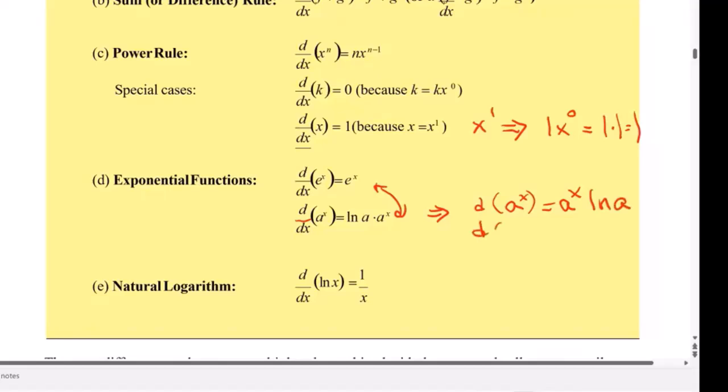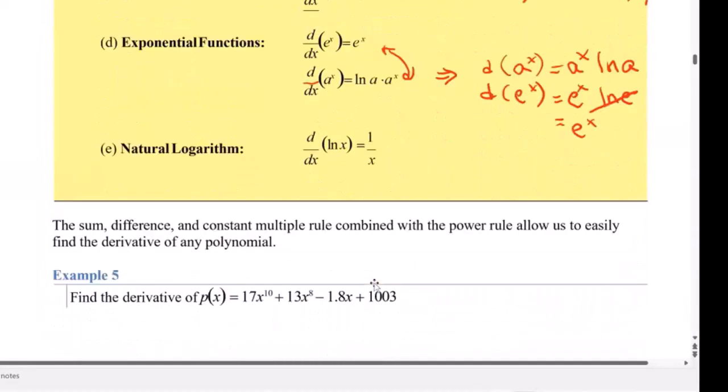So if the base is e, we're replacing a equals e, we get e to the x, ln of e, and hopefully you remember ln of e equals 1. 1 times e to the x is e to the x. And there we have it. And another one that's kind of weird that you won't be used to is the derivative of the natural log of x is 1 over x. Just take my word for it.